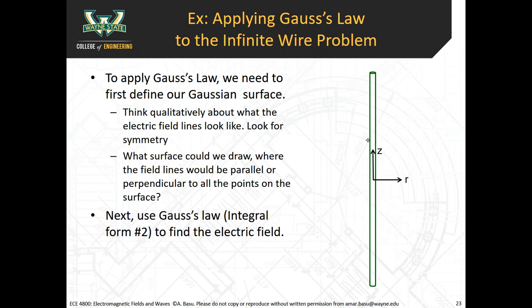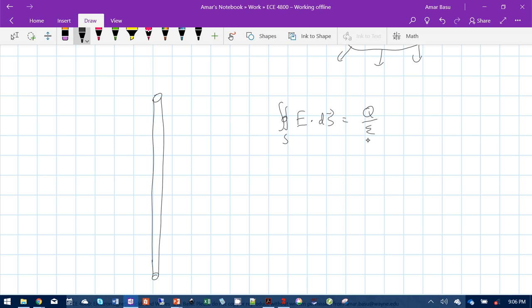So, in other words, what kind of shape could we draw around here where all the electric field lines will be uniform everywhere on that surface? In this problem, it won't be a sphere because you have a line of charge. It'll be a cylinder. Exactly.